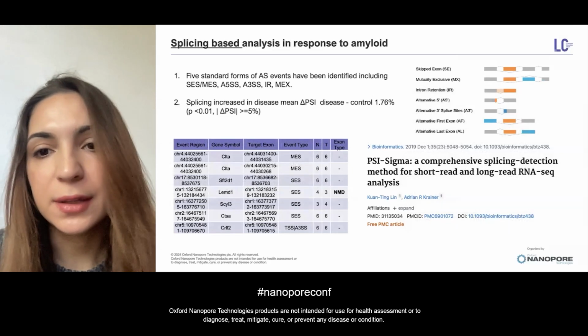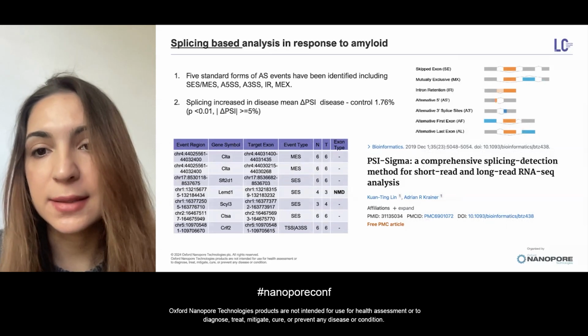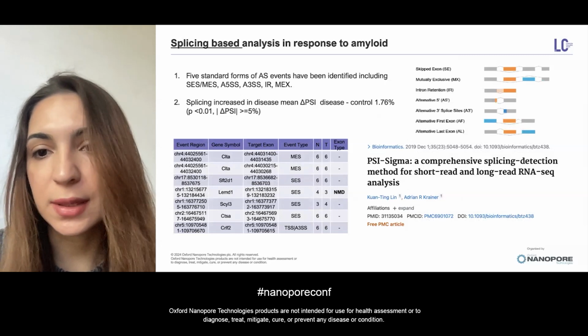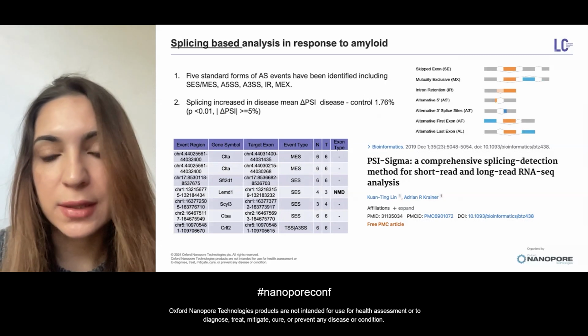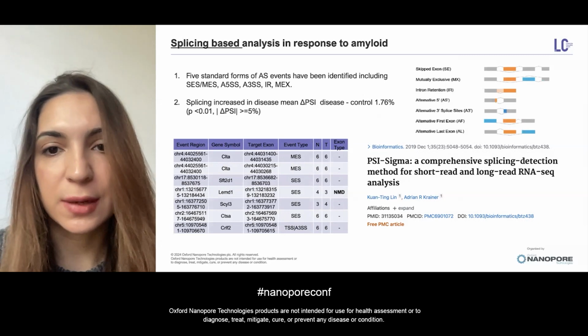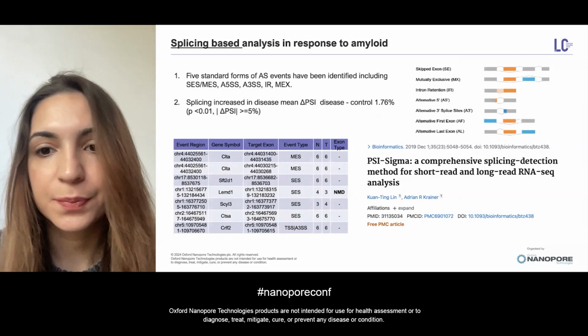In addition, we have identified the genome-wide splicing profile using PSI-Sigma, which is a splicing tool developed for both short and long-read RNA sequencing. PSI-Sigma also detects the mutually exclusive exons, which is not possible to detect with the other splicing tools.